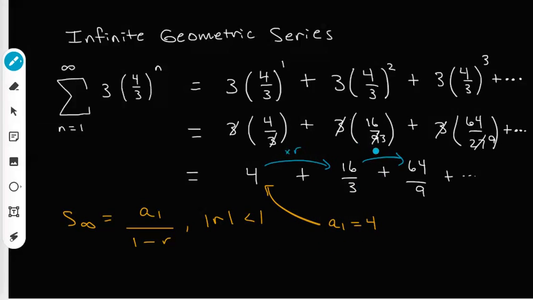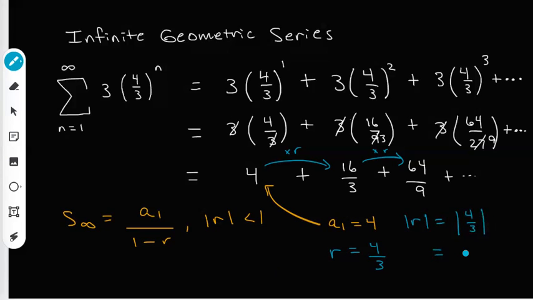So I'm multiplying by r each time. So what is r? I have to multiply by 4 on the top and 3 on the bottom. So my r value is going to be 4/3. But notice that if I take the absolute value of r, I get the absolute value of 4/3.